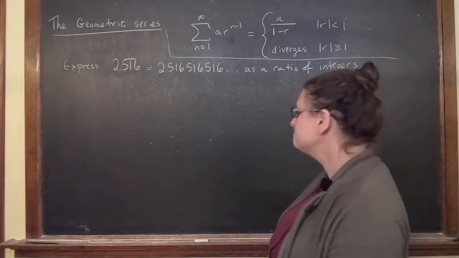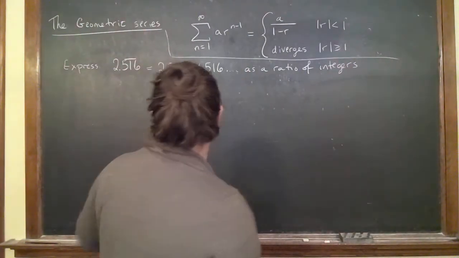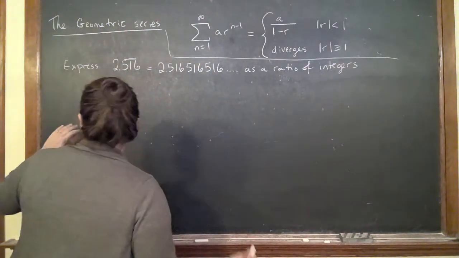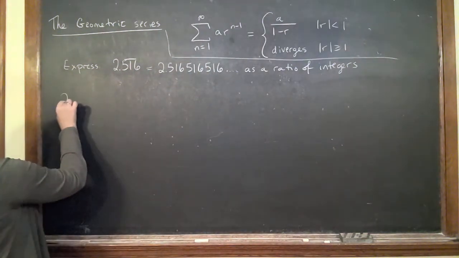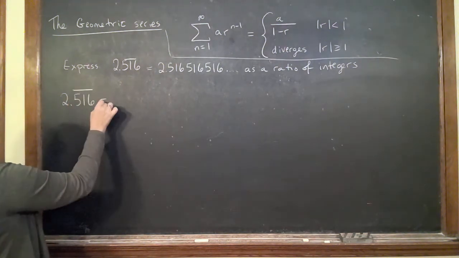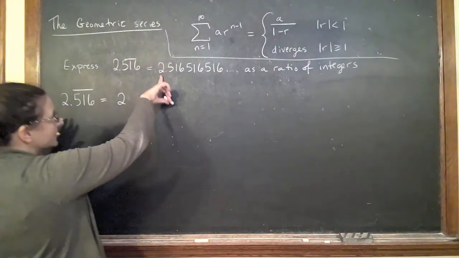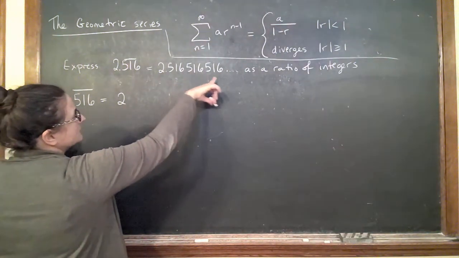It's kind of cute that we can, in fact, use the geometric series to do this. So what do I have here with the bar? If I just break this up, that's 2, and then these 516s go together.